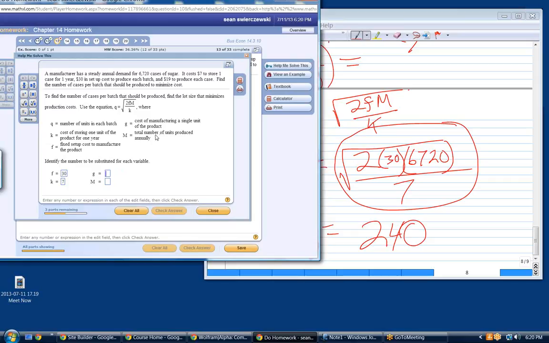Well, that's the cost, but it's per unit. Well, I think our unit here is cases. In other words, I see what you're saying. When they say a batch, they mean some number of cases. So I think the cost to produce each case is a single unit of the product. Let's try 19. We'll find out soon enough. And M is 6720.